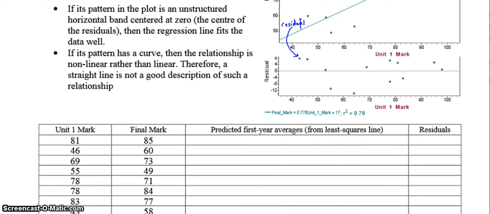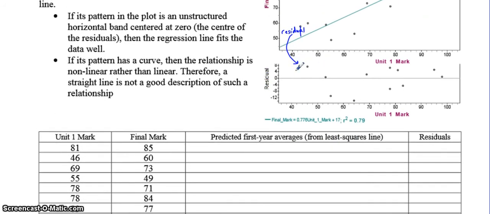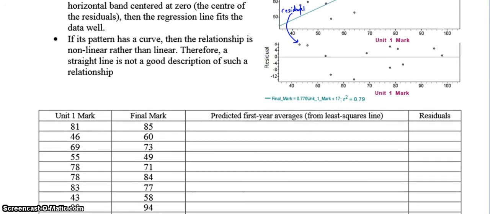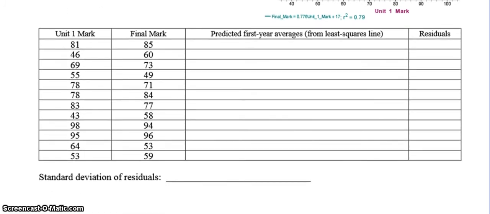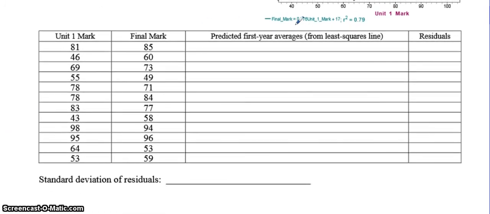So now we're going to calculate the actual residuals. This was the equation of our line of best fit here. But the one that we calculated before with more detail was y equals 0.7762x plus 17.0536.